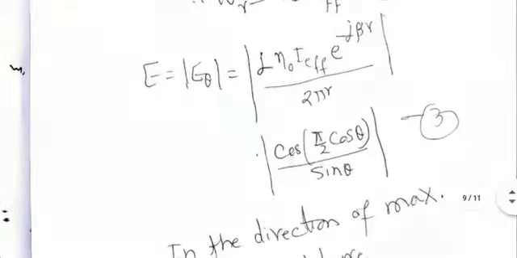You can see by looking at the right hand side of equation 3, and if you want, you can prove it rigorously by differentiating the term cos(pi by 2 cos theta) divided by sin theta and equating it to 0 to see at what value of theta you'll get maximum. It turns out that that value is pi by 2.